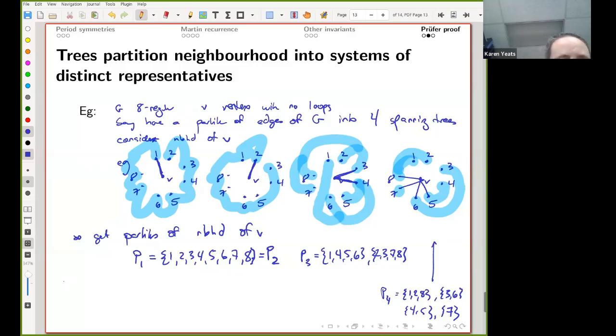And I'm going to represent this with a function f. And what is f going to do? f is going to tell you, because I have to be partitioning the neighborhood, 1 has to belong to somebody. Who does 1 belong to? Well, 1 belongs to number 1 here, because 1 is my choice of representative for here. f of 2 is also 2.